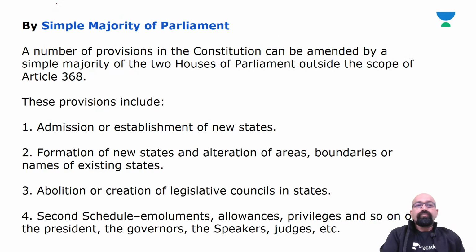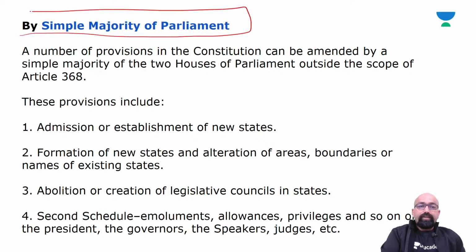Now, the first way is to amend by simple majority of Parliament. A number of provisions in the Constitution can be amended by a simple majority of the two houses of Parliament outside the scope of article 368.